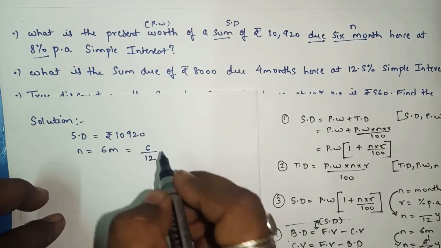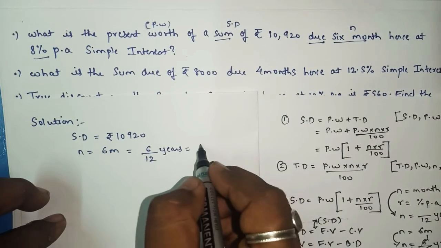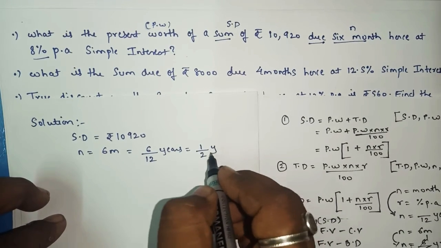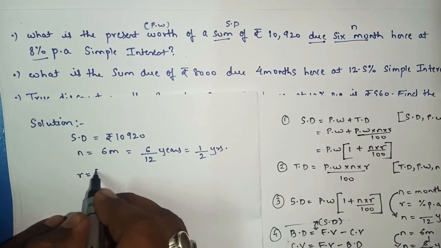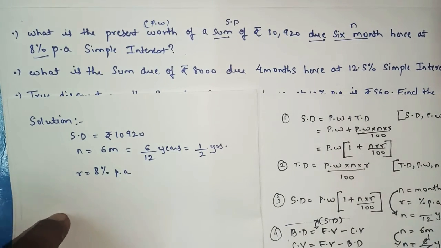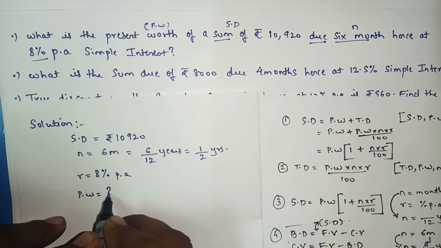Simply divide it by 12, so it gets converted into years. 6 ones are 6, 6 twos are 12, so 1 by 2. And here we have the rate of interest, 8% per annum, and we have to find PW.